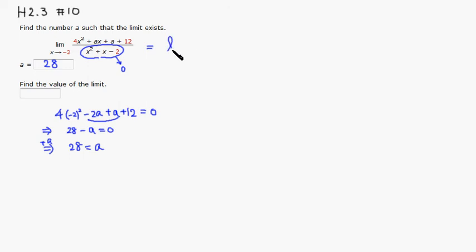So we need to take the limit as x approaches -2 of a big fraction. On top you have 4x squared plus 28x plus 28 plus 12, so it's 40.